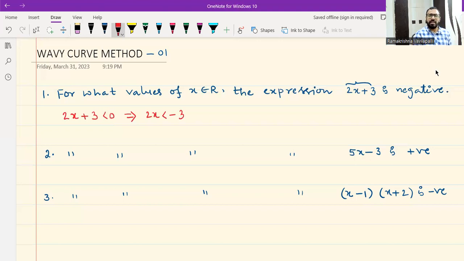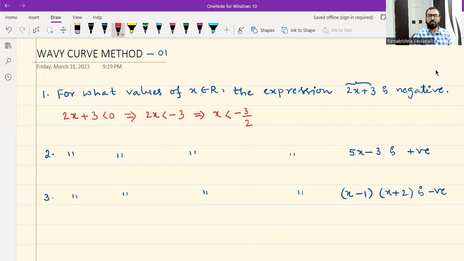Sending plus 3 to the right hand side, then dividing by 2, the coefficient of x. Anyway, we are dividing by a positive quantity, so the given inequality will remain the same. Less than will remain less than. So here we got x less than minus 3 by 2.